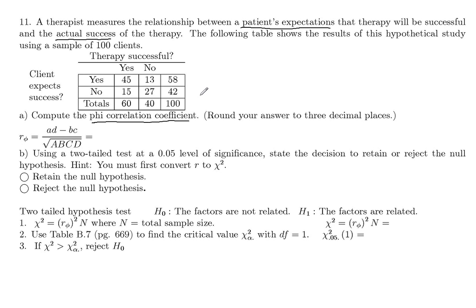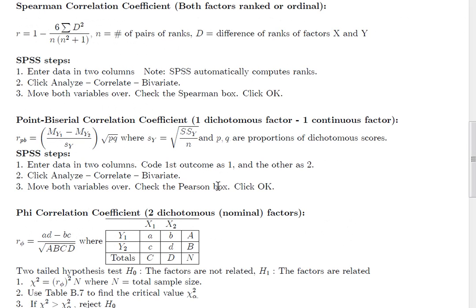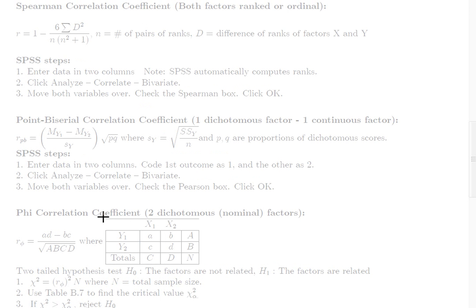Let me show you the general setup for your table. This is the exam 3 formula sheet, and here's the general setup for a table when you've got two dichotomous variables and you want to do this phi correlation coefficient. Let's grab that table and bring it over here.